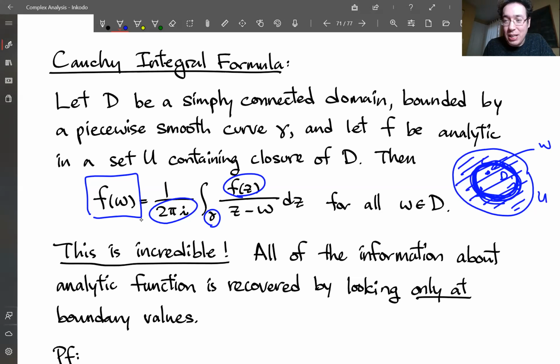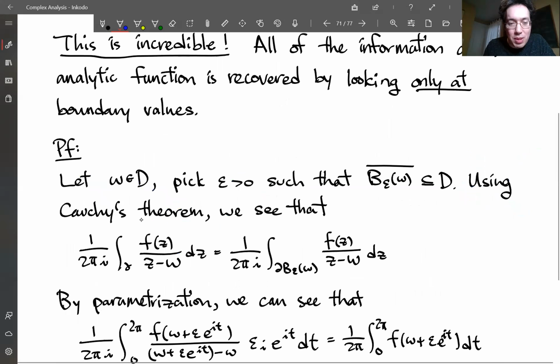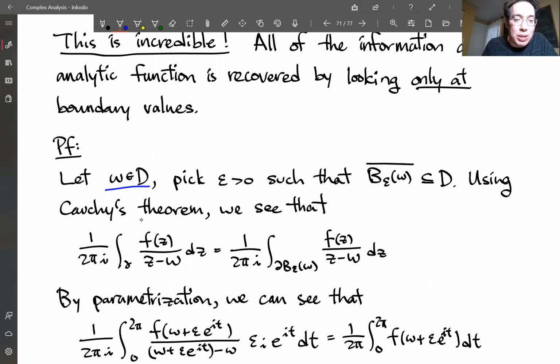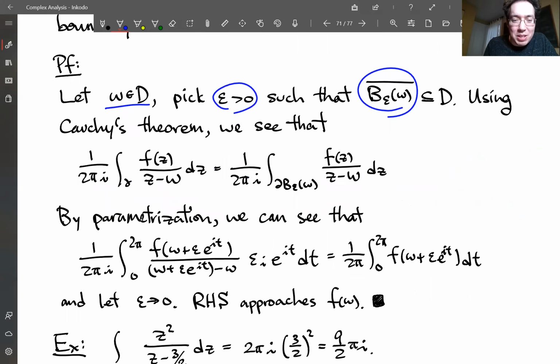Okay, let's look at the proof on why this might be true. Let's pick a point W inside of the domain, and pick an epsilon that's a small positive number, and look at a disk of radius epsilon around that point W. Okay, let's actually compute the integration.